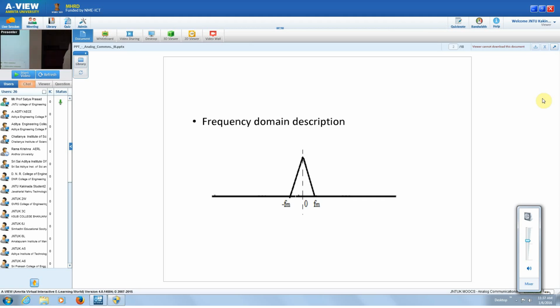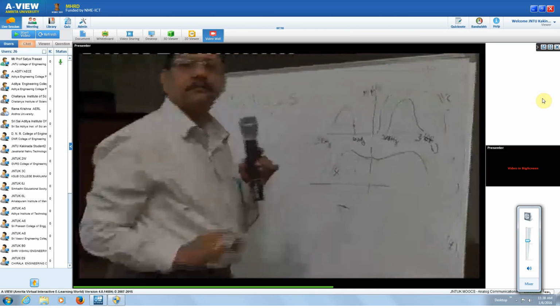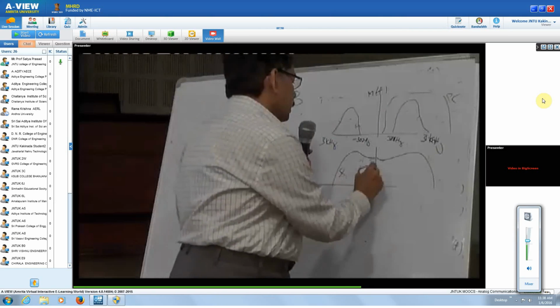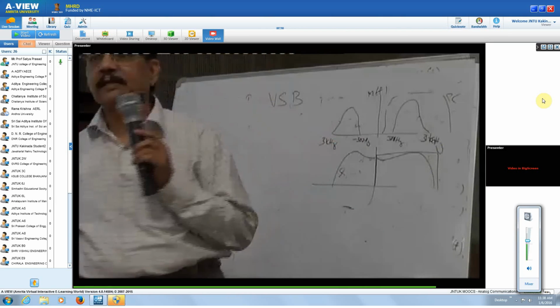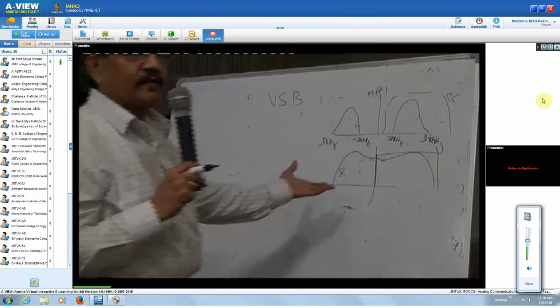So that with two-stage generation, we'll be able to get the required sideband without the unwanted sideband, either LSB or USB. But suppose you have a signal like this, to get only one sideband you require very, very sharp cutoff filters, which will not be possible.